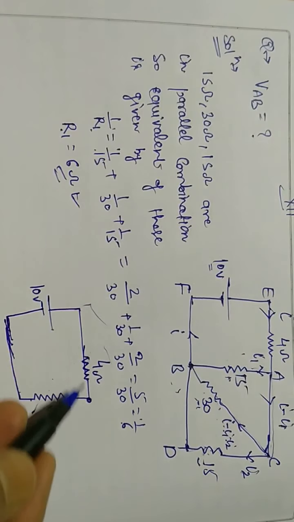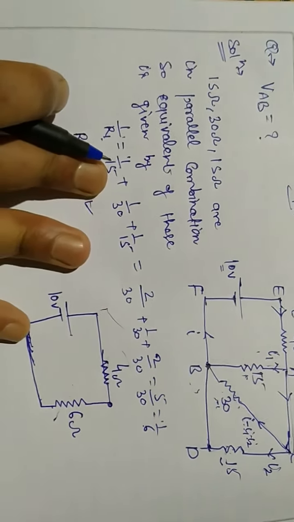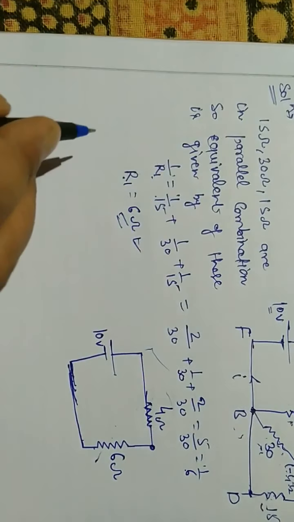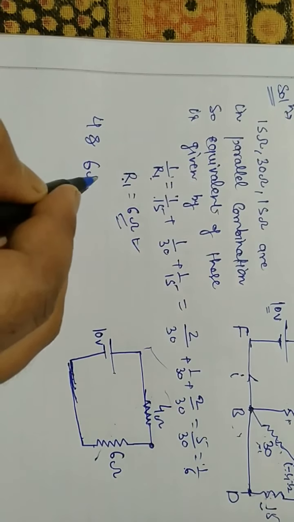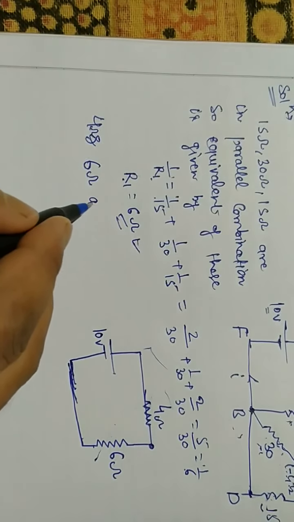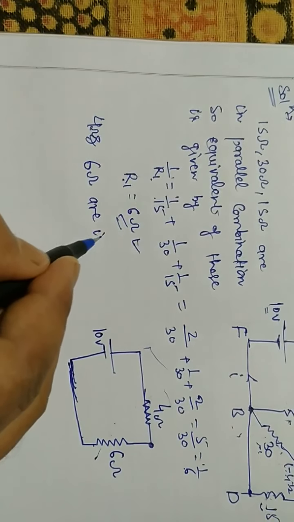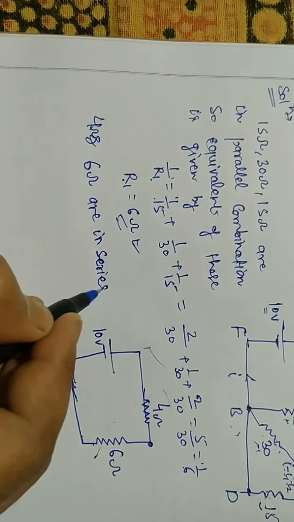Okay, so I hope you understand. So 4 ohm and 6 ohm are in series.